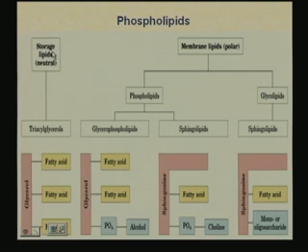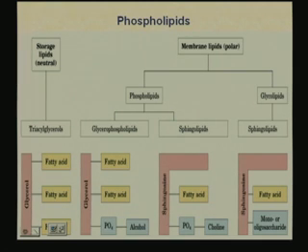What we have here is storage lipids. Storage lipids, like storage in terms of fat droplets. Okay. What are the fat droplets? They are triacylglycerols. Okay. So, what we need to know is the storage lipids, which are neutral in nature, have 3 fatty acids attached to the glycerol.